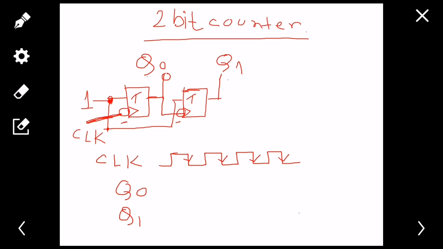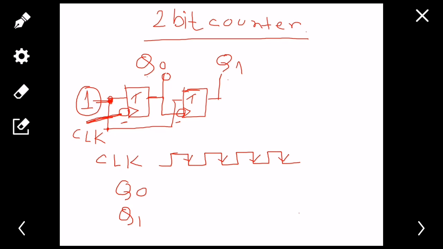If you know the T flip-flop, if you give an input of 1 at the T flip-flop, your output will always toggle. For instance, say the current output is 0. If you have 1 as an input to the T flip-flop, on the next clock edge the output will turn to 1. On the next clock edge it will turn to 0 again, and so on.